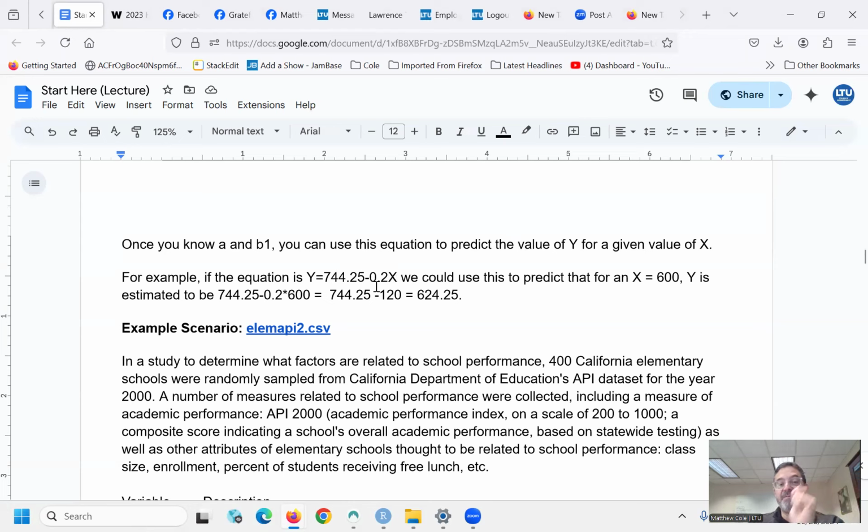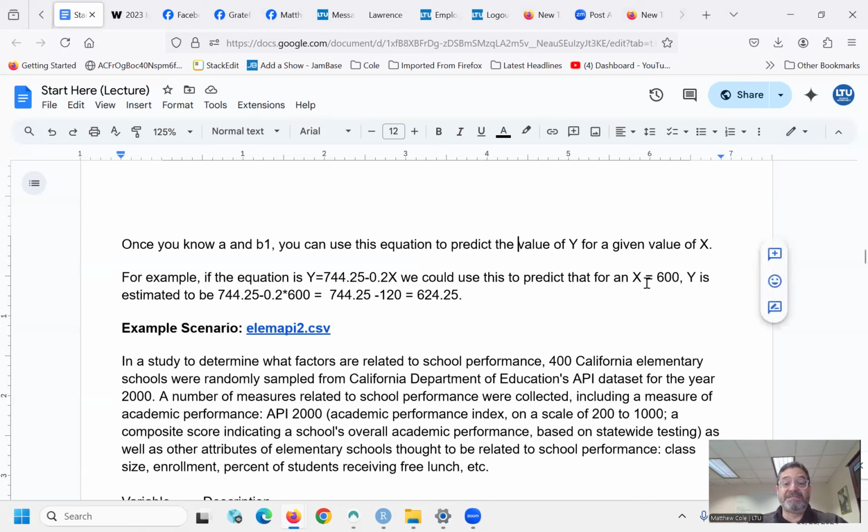And then as the independent variable increases by units of 1, the score goes down by 0.2. So we have a negative line, right? So something about X is bringing down Y. And that would be what we'd also call a negative correlation.